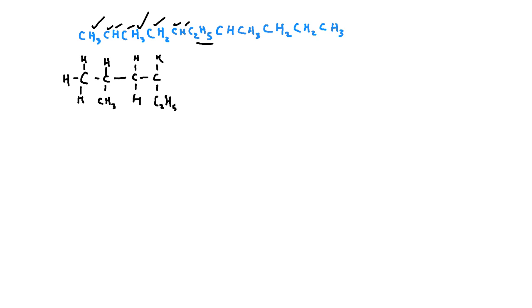Now we have a C and H and a CH3 again. Okay, so we took care of that. Now we have CH2, CH2, CH2, CH2, and then finally the CH3.